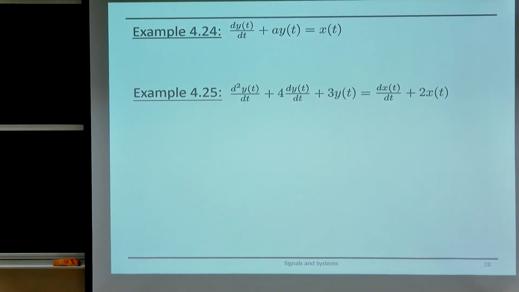So this first example is pretty straightforward. Here we have the derivative of y plus a y(t) equal to x(t). Following the previous approach, we can find that the Fourier transform should be j omega Y(j omega) plus a Y(j omega) equal to X(j omega).